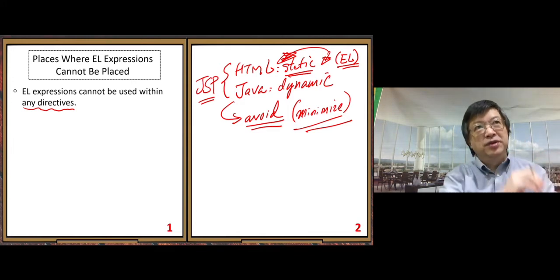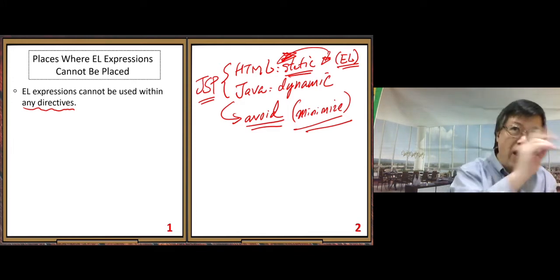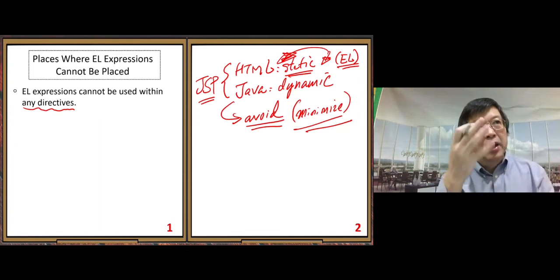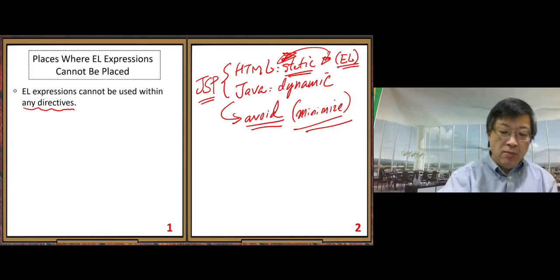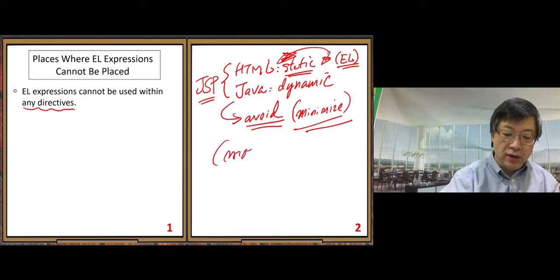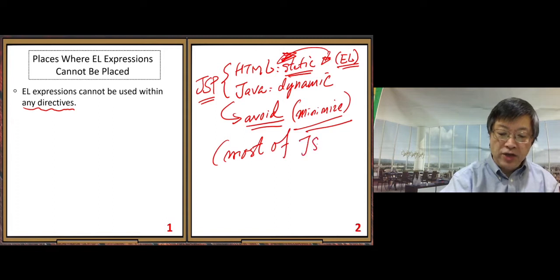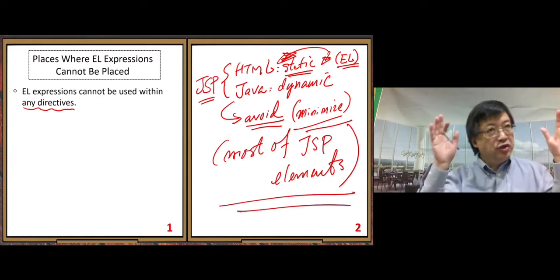From this view, you can see it explains why EL expressions cannot be used in most of the JSP elements. So that's the general reason.